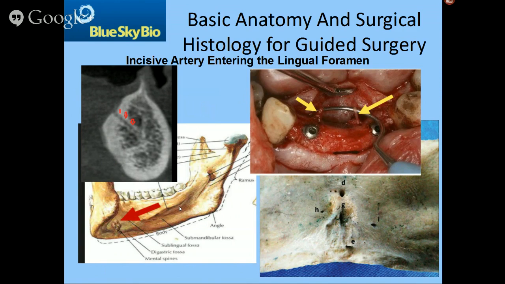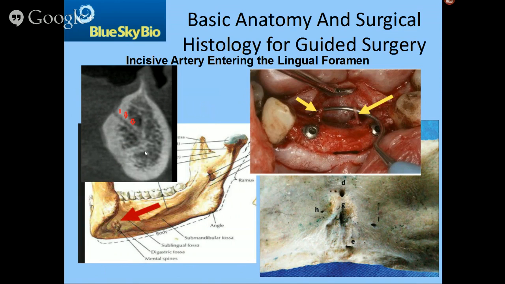The same is true for the mandibular canal. In the area of the anterior mandible, here's a close-up shot of this area where this red arrow is pointing. There is often, not always, but often, a small blood vessel that enters. Here is a piece of a cone beam showing the entrance of that blood vessel.